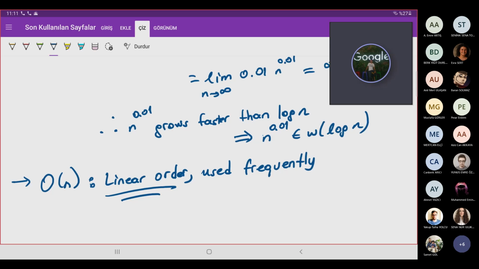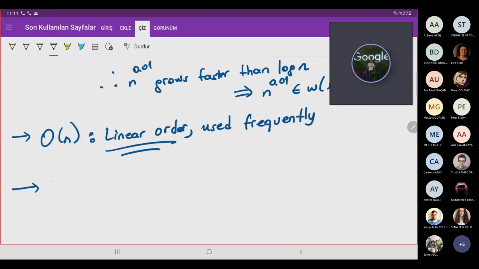For instance, what can be a linear order? If we are given a list of numbers and we need to scan the entire list, then it's linear order. For searching, if we make a linear search, that's why it's called linear search, not binary search. Even if it's not searching, if I need to scan the entire list, it would be linear order.